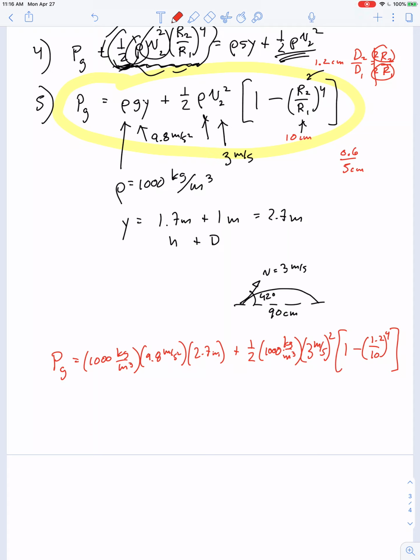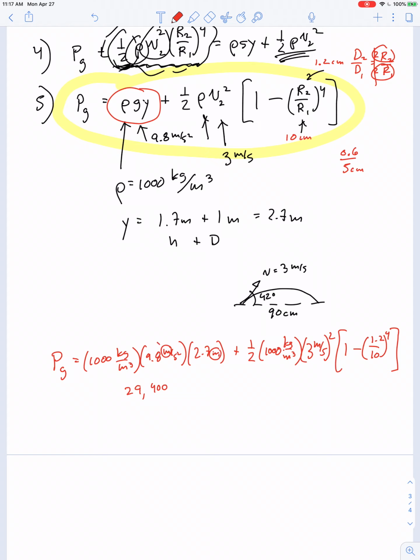So this first term that has to do with the expression rho gy gives 29,400. Now what are the units? Let's see. Meters and meters. Okay, how about this?